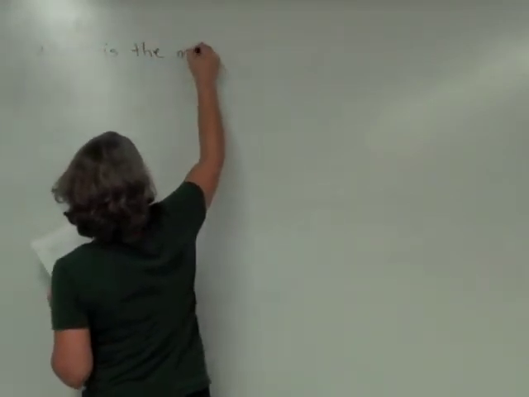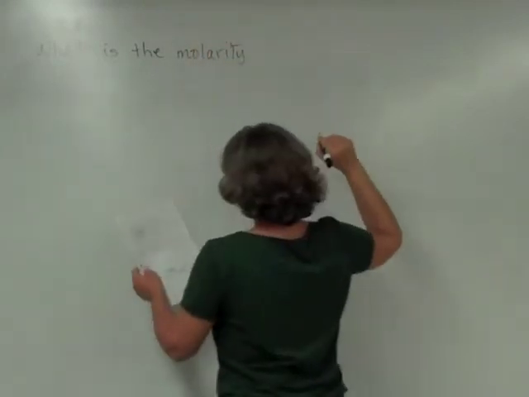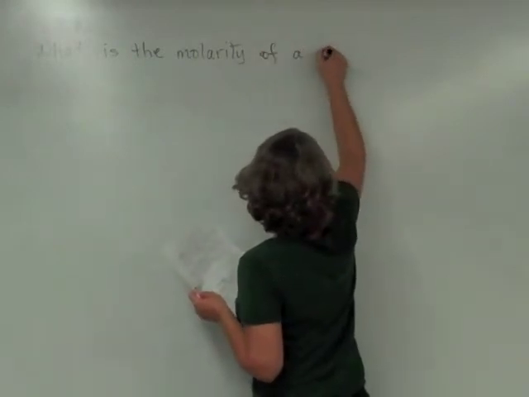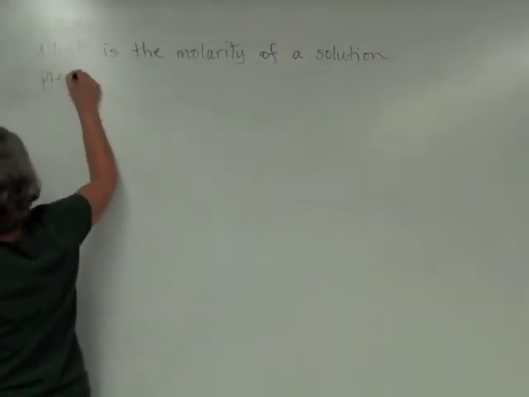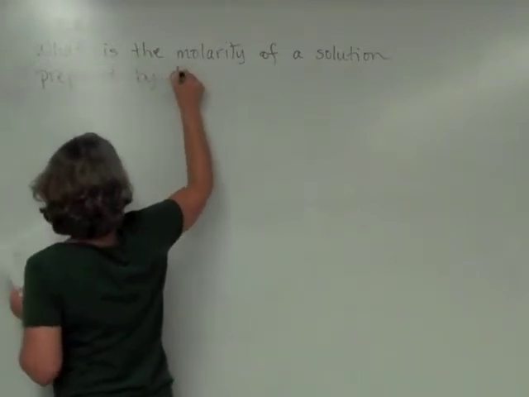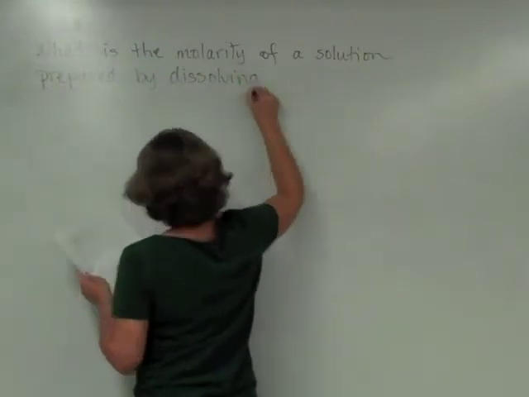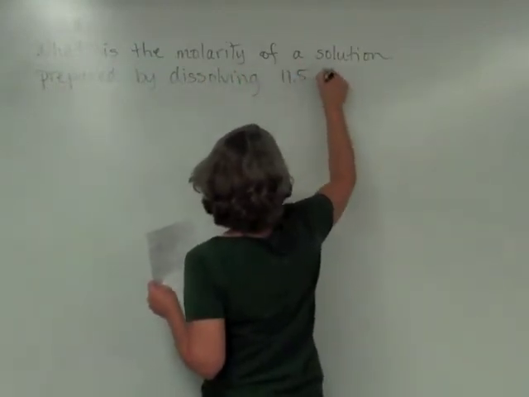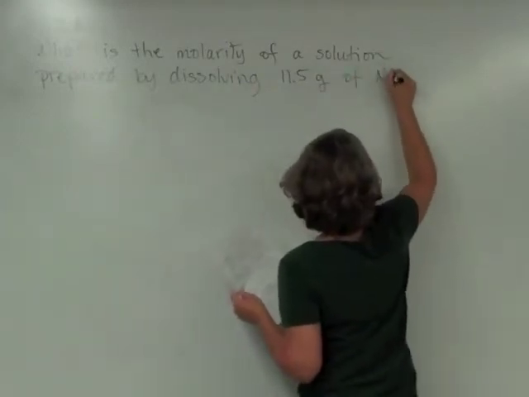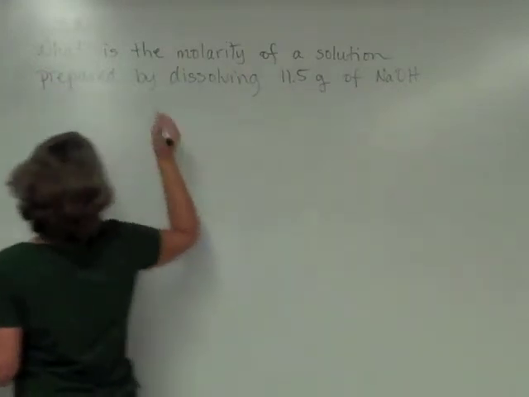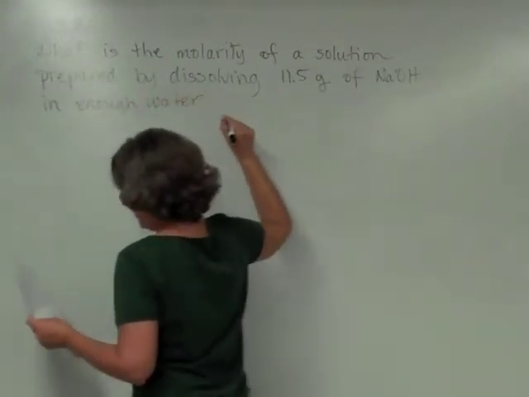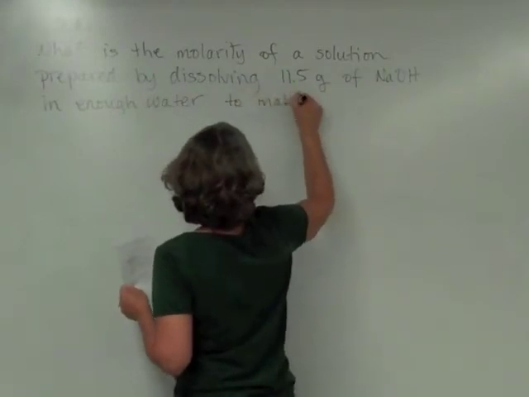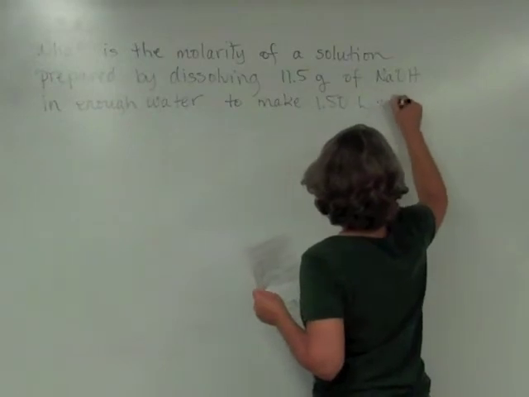What is the molarity of a solution prepared by dissolving 11.5 grams of sodium hydroxide in enough water to make 1.5 liters of solution.